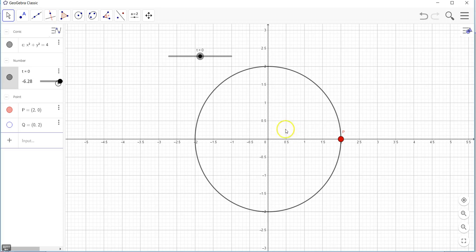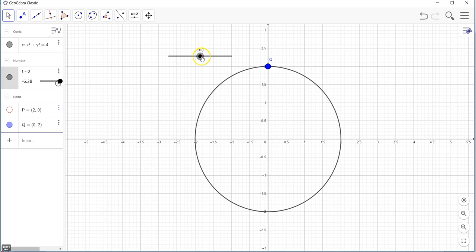And I have a point P in here, and it has a slider functionality built in, where if I progress t from 0 up to 2 pi, it makes one complete circle going counterclockwise. Now if I reset it to 0 and I hide P, I put a point Q in here where Q has the coordinates of sine t, comma cosine t.